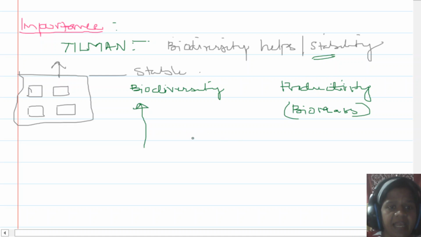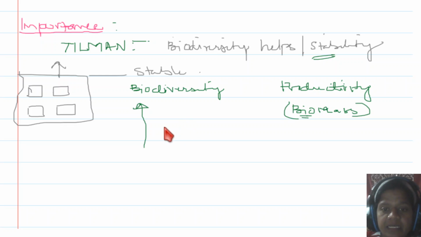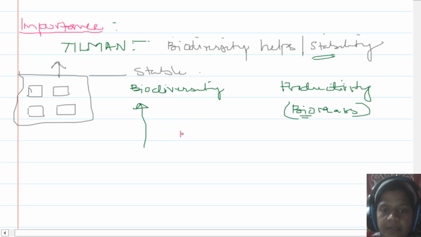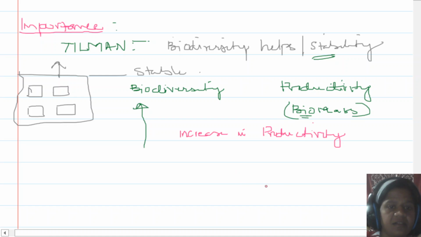And not only that, if the diversity is more, when he measured the biomass, he found that there is an increase in the biomass, that there is an increase in the productivity. We as humans, we always look at the result, right? The higher it is, the happier we are. So the biodiversity helps in this way.